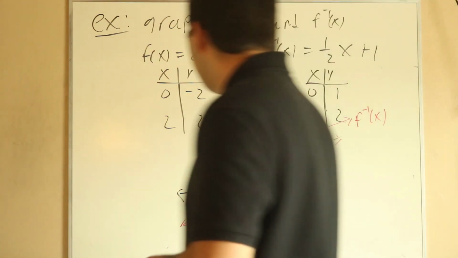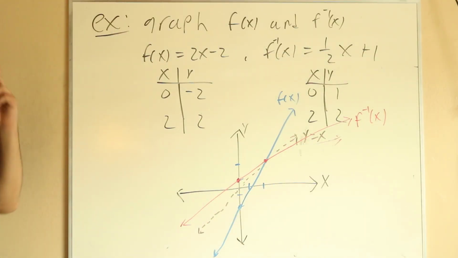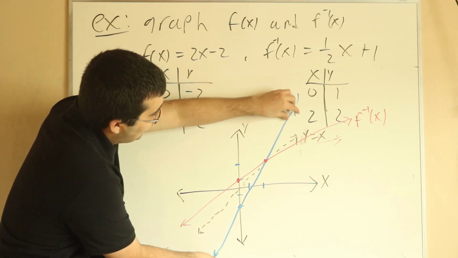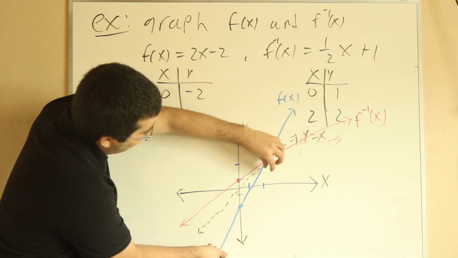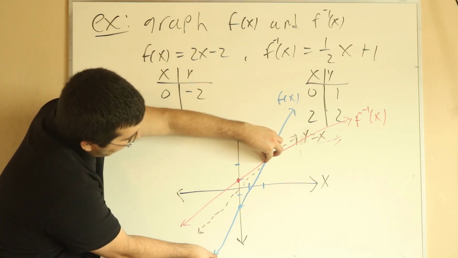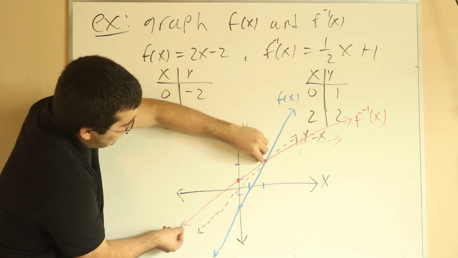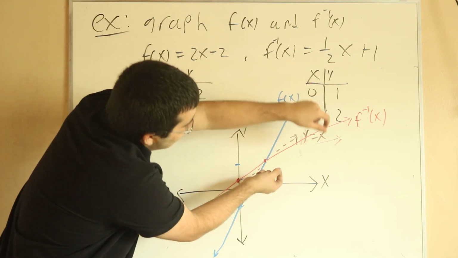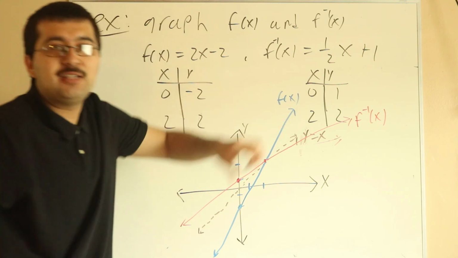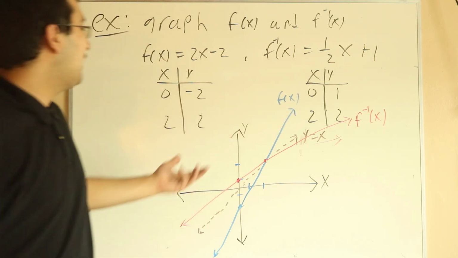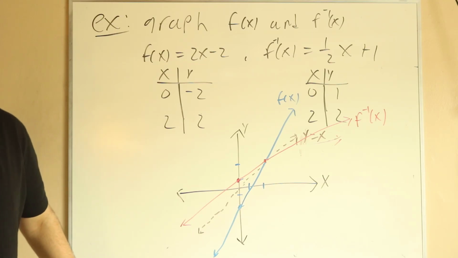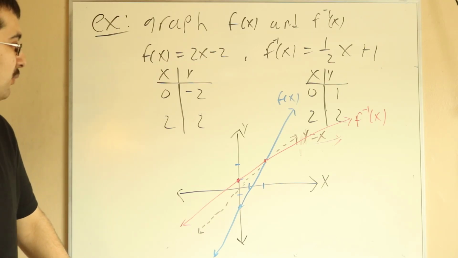Hopefully you can see this idea of reflection, because if I take this line and I fold it over the line y equals x, this is exactly what I'll get. And if I take this portion and I fold it over the line y equals x, this is exactly what I'll get. Again, both these lines are just reflections of each other across the line y equals x.